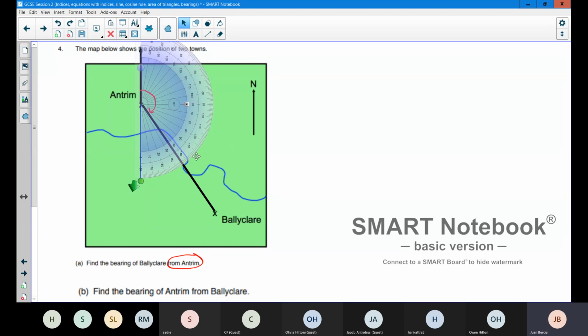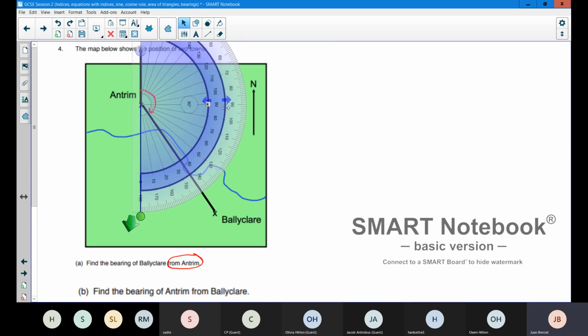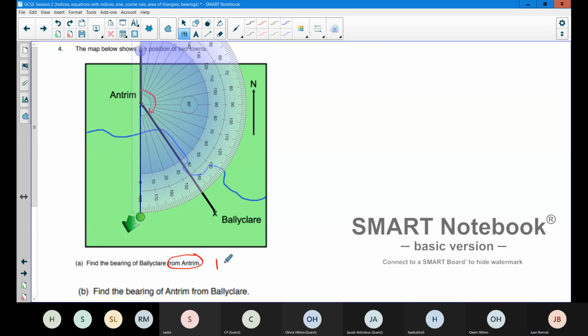And you can see that's 140, that's in between, so it's 145. Yeah, it's 145 there.